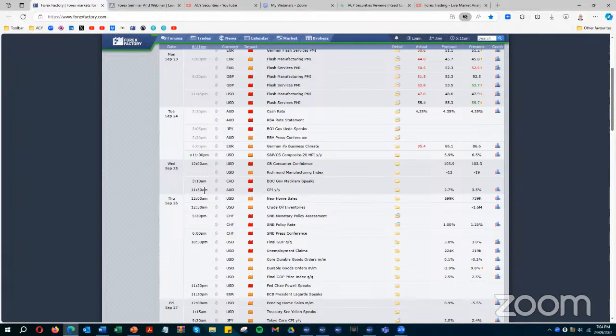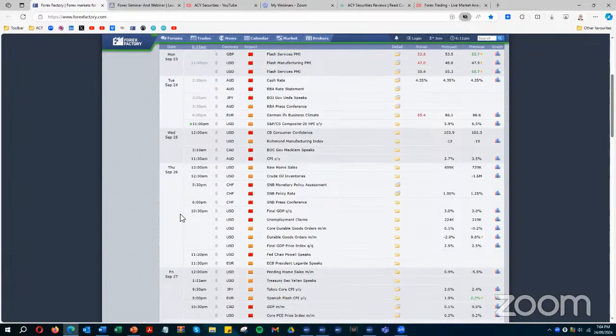And then tomorrow, this is important because if you look at the figures over here, they're saying that we're going to get down to 2.7% year-on-year inflation in Australia. That's what they're forecasting. So the market will be clearly watching to see if we get such a drop. That may then hint at an interest rate cut, obviously.